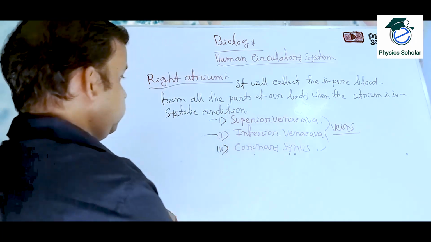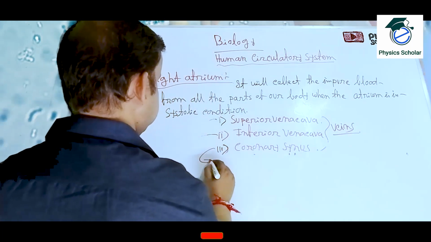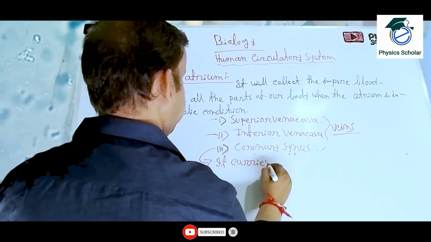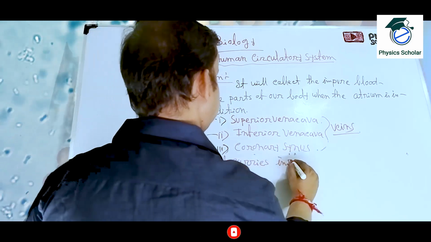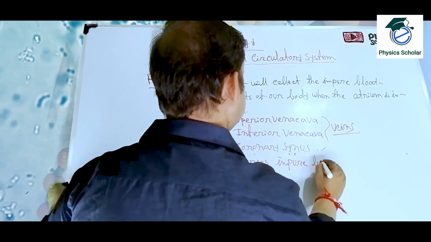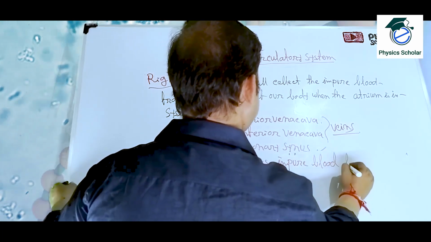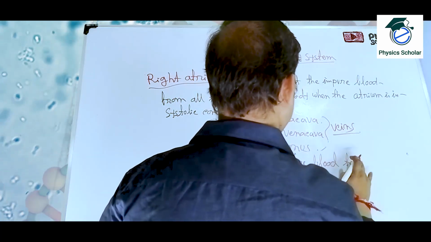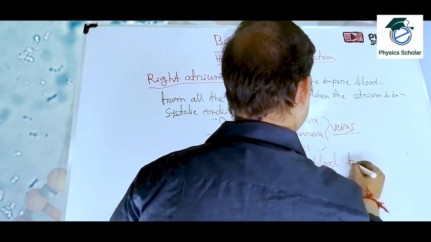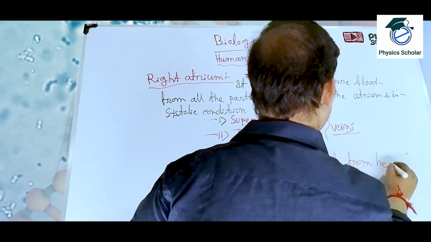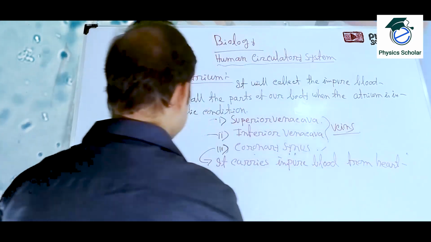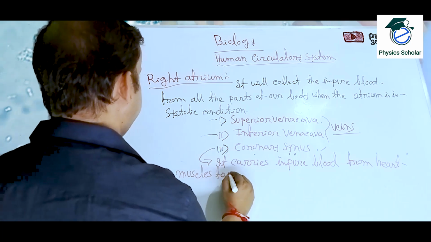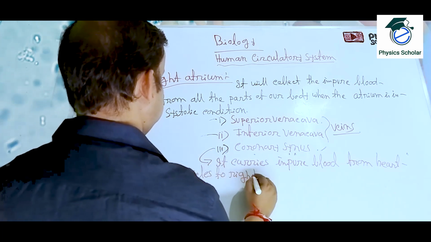Okay, so the coronary sinus carries impure blood from heart muscles to the right atrium.